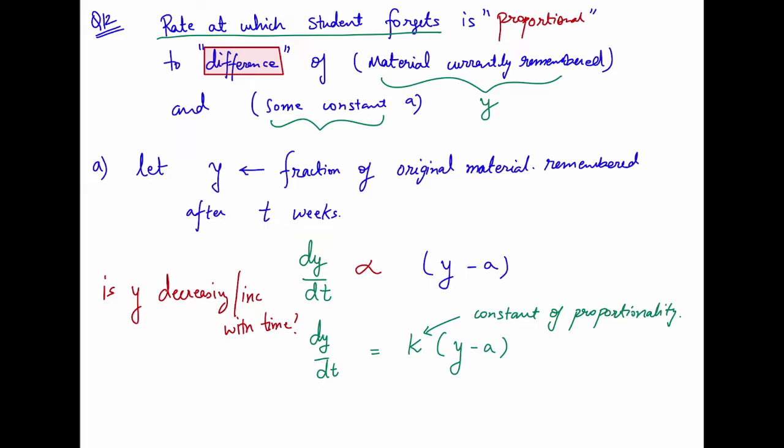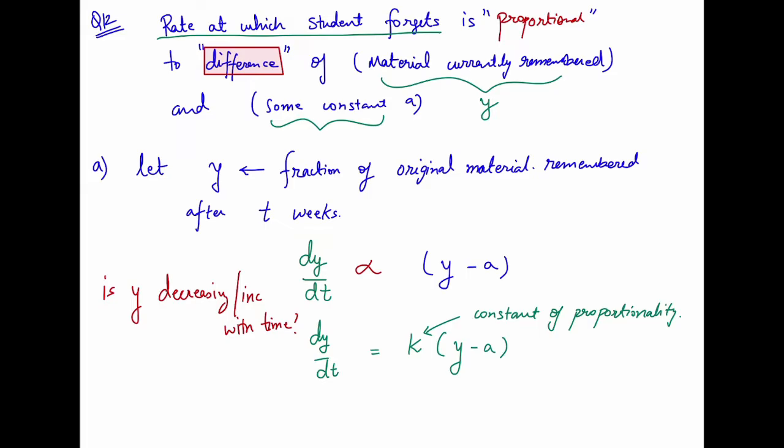The reason it's decreasing is that y is a fraction of the original material, and as time progresses, you're going to forget, so the fraction is going to get smaller and smaller and eventually go to some value. Now, what we have to do is look at part A and the constraints they've given us.